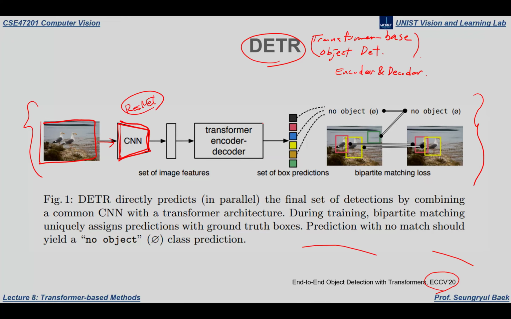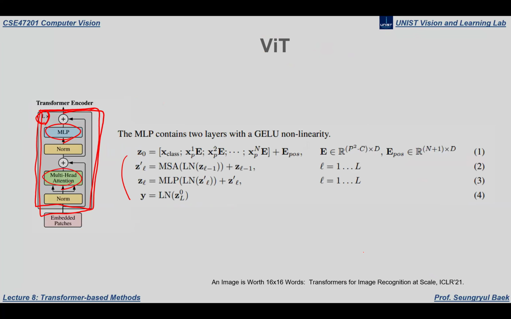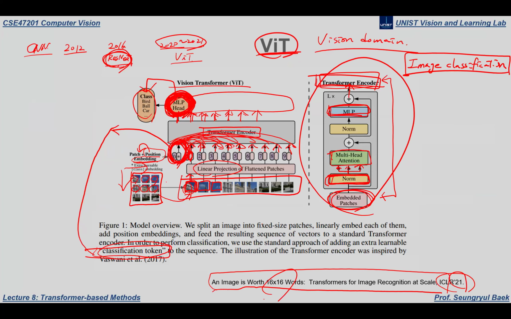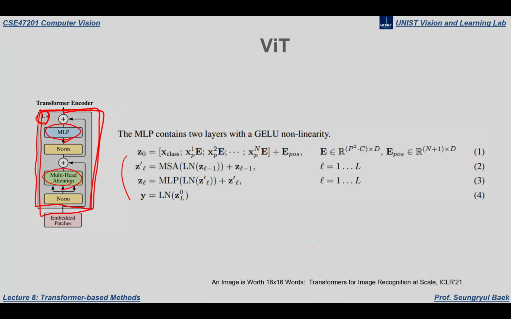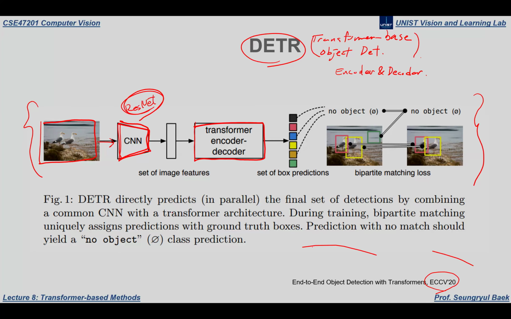And then they apply the transformer encoder-decoder architecture by regarding each dimension of the ResNet features as an input token. In ViT, the input token was the image itself; the patches are used as input tokens to the Vision Transformer. But in DETR, they are using the elements of the image feature. This will produce a multi-dimensional image feature, and its elements are regarded as the input tokens in the transformer.